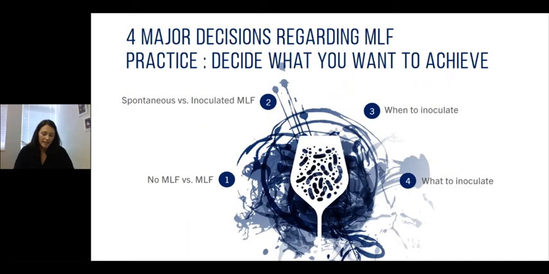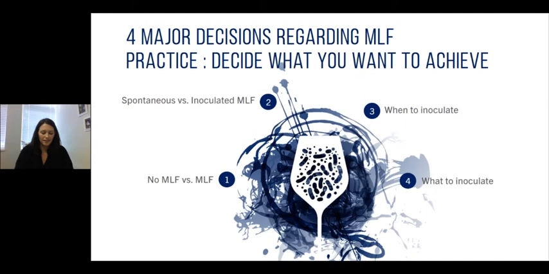Okay, so now you as the winemaker have 4 major decisions to make. First, you have to decide if you actually want malolactic fermentation in your wine. Some wines, from a stylistic point of view, won't need malolactic fermentation or you don't want it, whereas other wines really benefit from it.